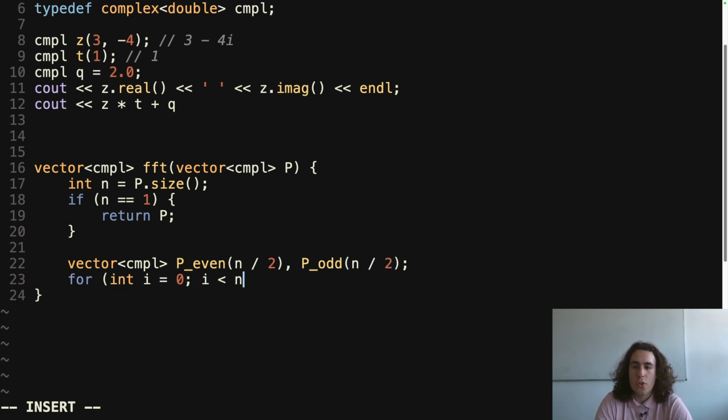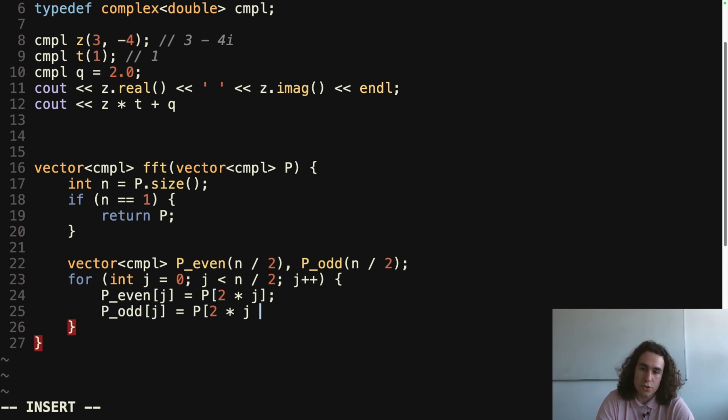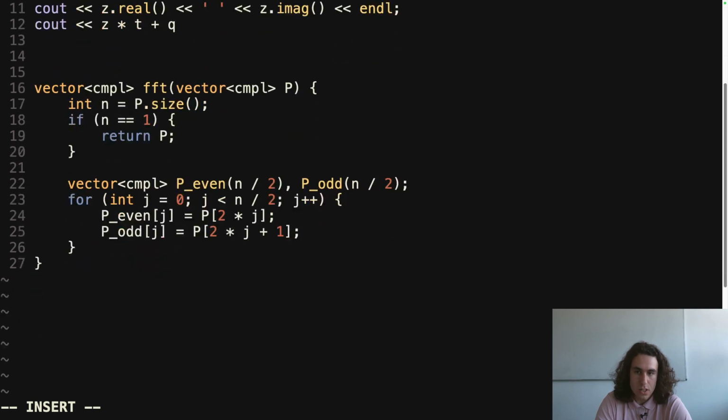And then I just go through all the indices and I put p even of j is going to be p of 2 times j. Let's not use i because i is an imaginary number. Let's use j. And p odd of j is p of 2j plus 1. Then we just recursively compute the values of p even and p odd in squared numbers, right?